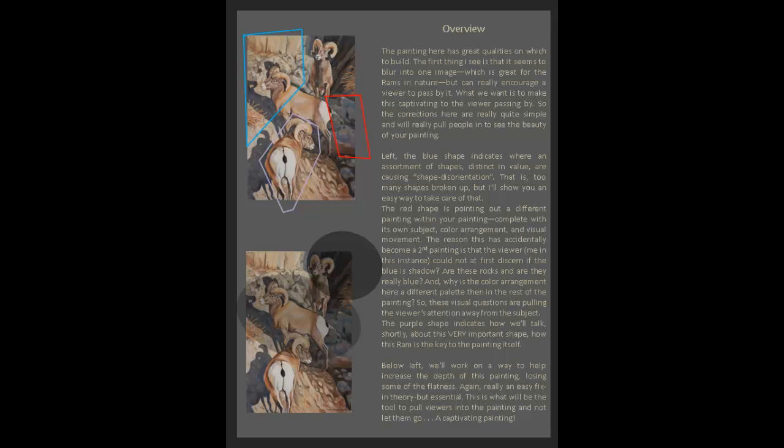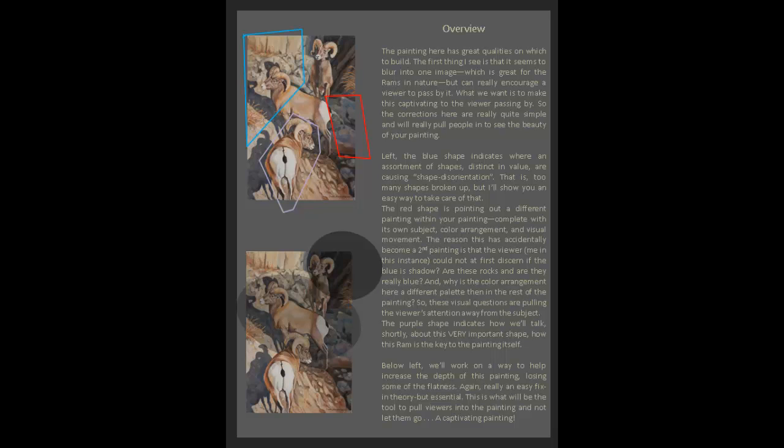If you look at the top photo there, you'll see three odd geometric shapes in different colors. The top left one is blue, and that shape indicates that I felt there was an assortment of shapes that were competing with one another, including the subject of the ram, and they were losing themselves into one another and creating shape disorientation.